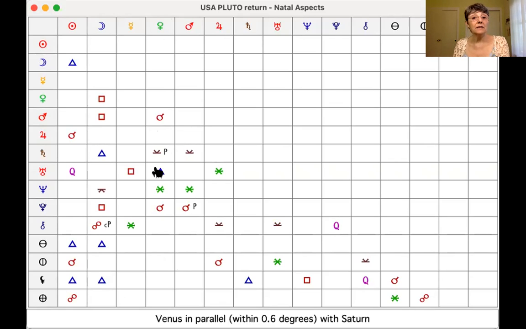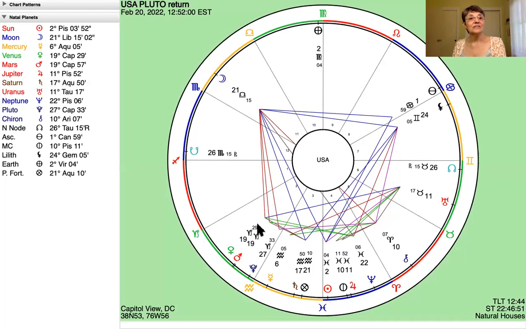So the second planet most aspected is Venus conjunct Mars, parallel Saturn, which means almost conjunction, right? And trine Uranus, the agent of transformation, and conjunct Pluto by sign, and sextile Neptune. So it has 5 aspects, and the moon has 7 aspects, or 8. So let's go back to the chart. And now you can see it.